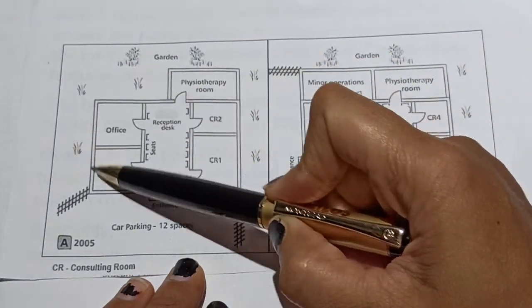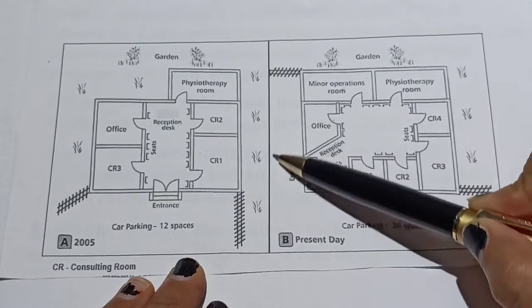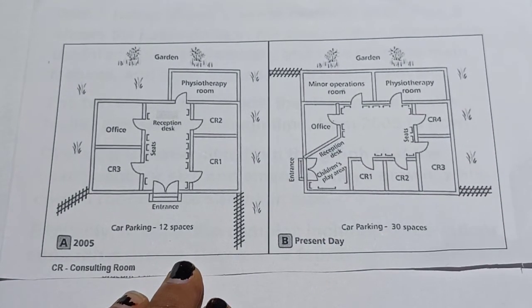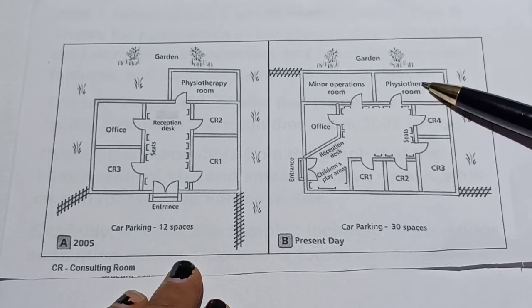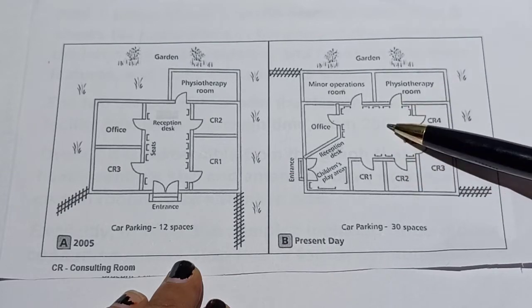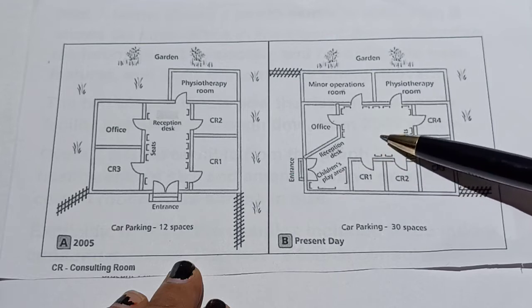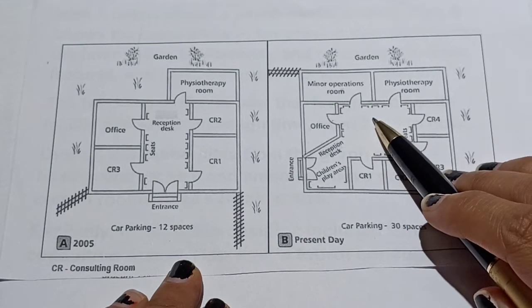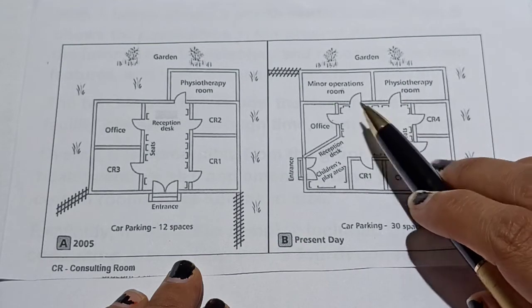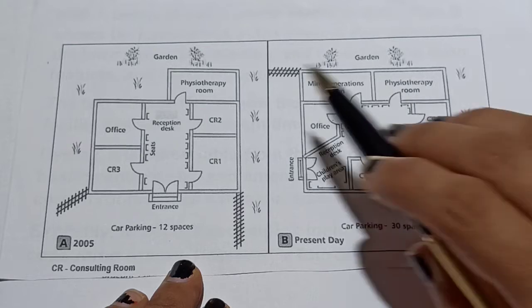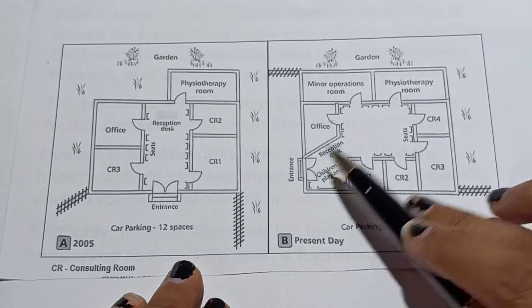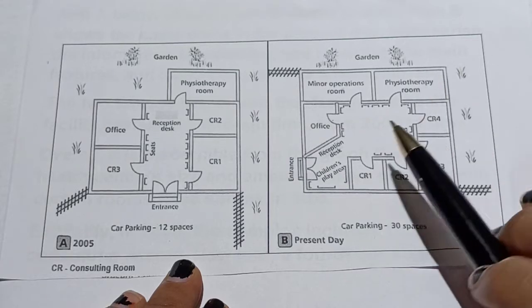This greener area has been given to the car park. In the present day we can see this physiotherapy room remains unaltered. The reception desk has been moved from the north side of the center, or you can say from the center of the office and CR2, to the southwest direction.